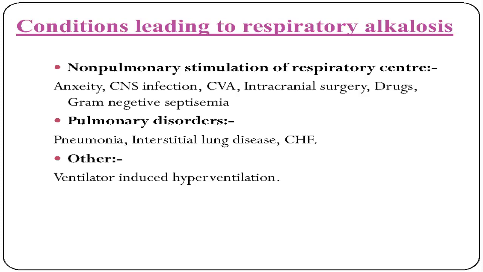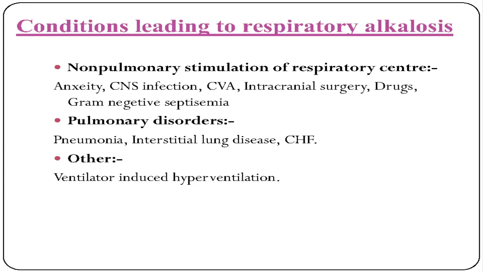So what is the cause of respiratory alkalosis? The causes of respiratory alkalosis may be classified into three broad headings. First is non-pulmonary stimulation of the respiratory center, secondly the pulmonary disorders, and thirdly some other conditions.